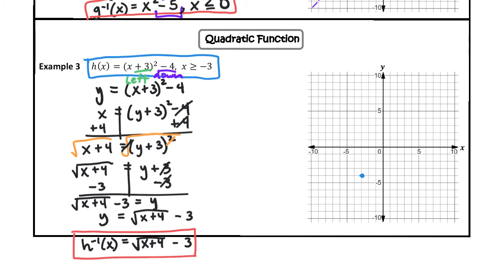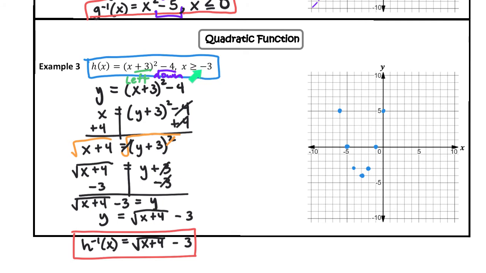Again, it's a U shape. And the question is, what half do I want to keep? Do I want to keep the left or the right?